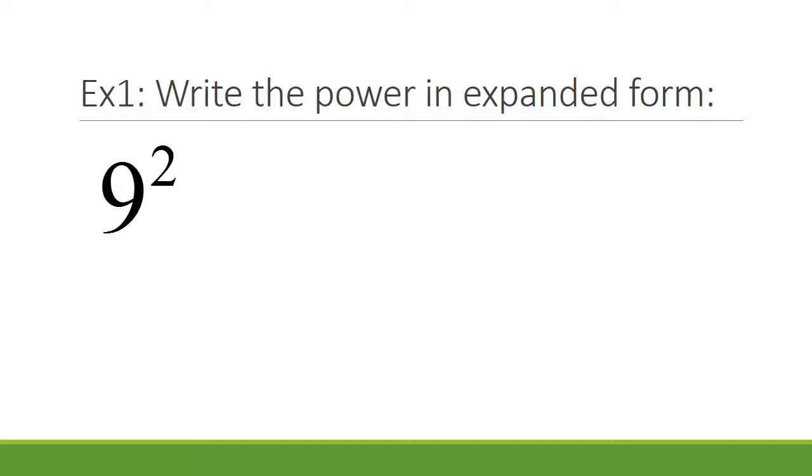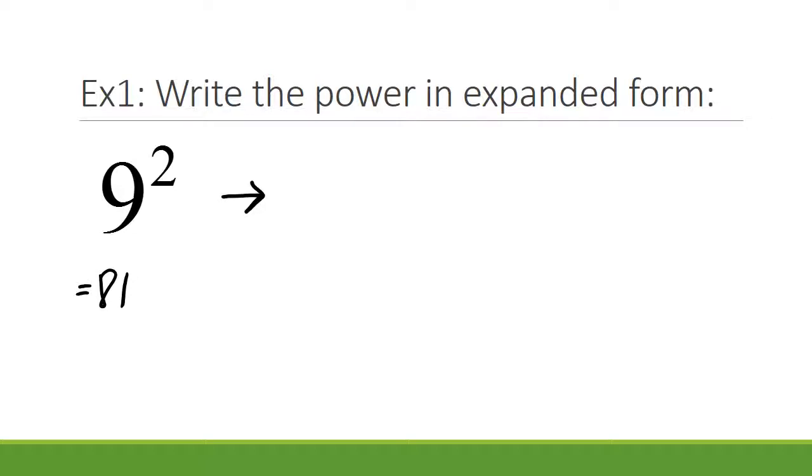Let's jot this down for example 1. Our goal is to write the power in expanded form, meaning we're going to show what an exponent actually means. In this case, if I have 9 squared, yes, I understand that that equals 81.